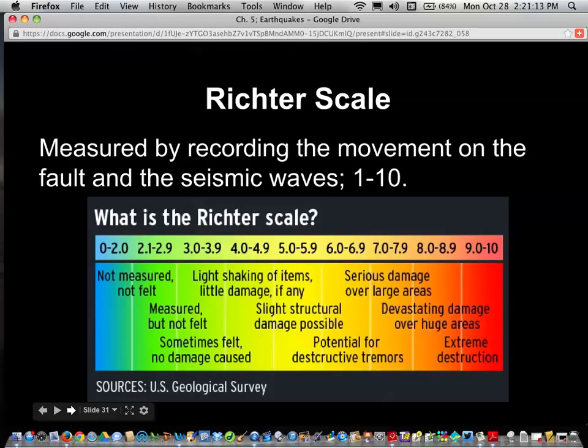You can see 0 to 2, not felt, very, very light. 3 to 4, measured but sometimes felt, light shaking, little damage, all the way on up to level 9, extreme destruction.